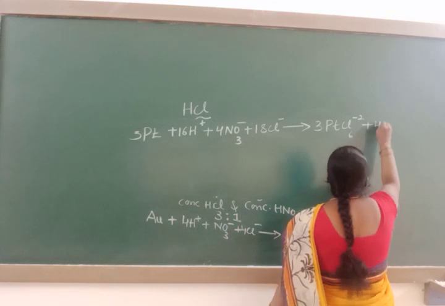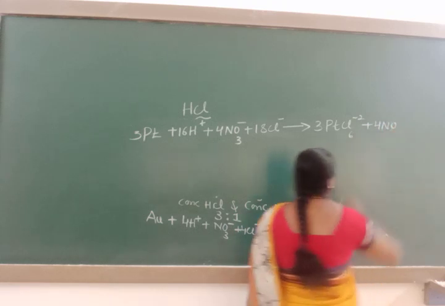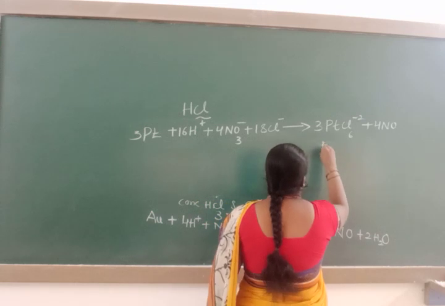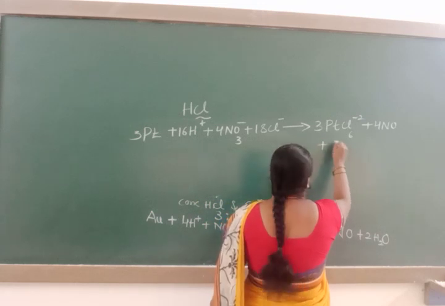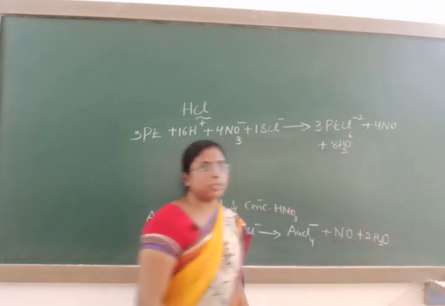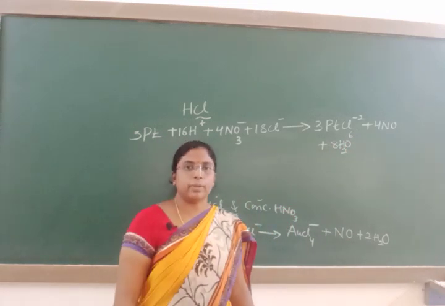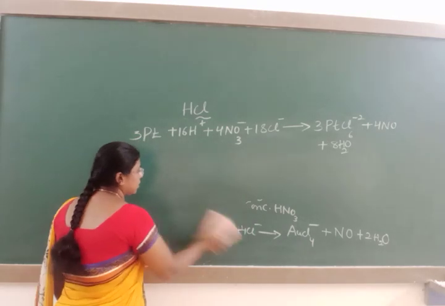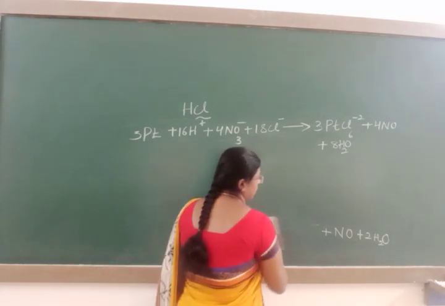Along with that you get 4NO and 8 moles of water. This way aqua regia dissolves gold as well as platinum. These are the chemical reactions of HCl.